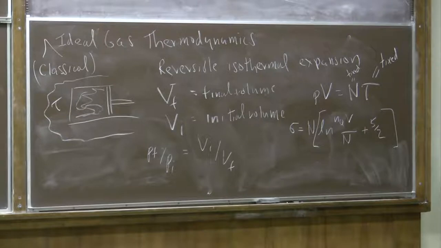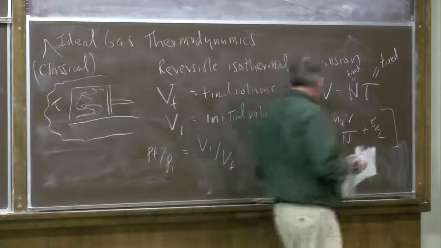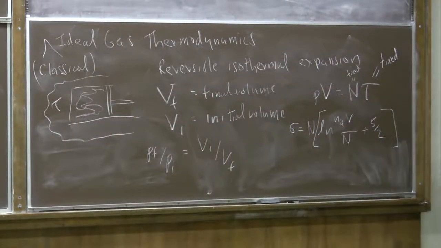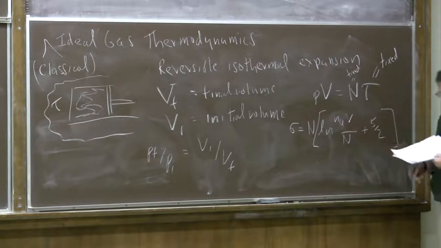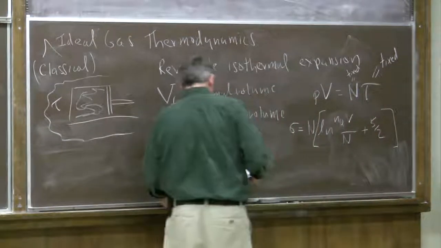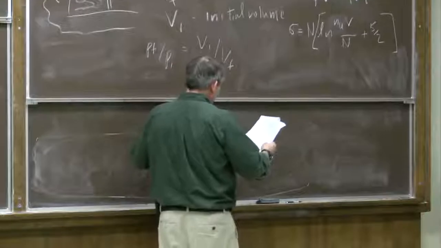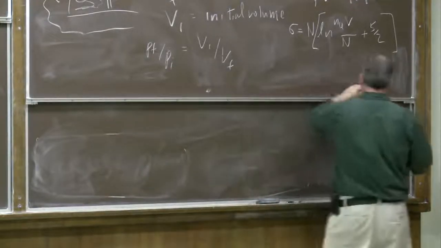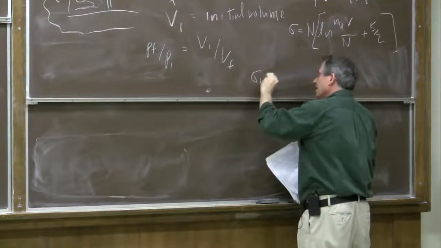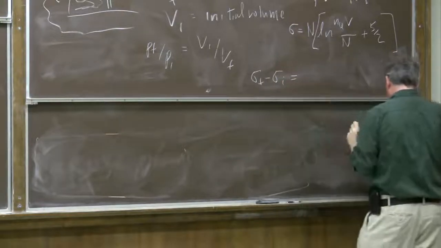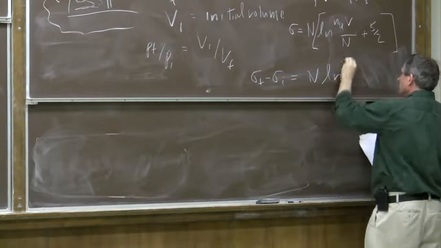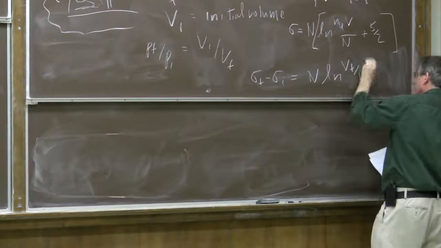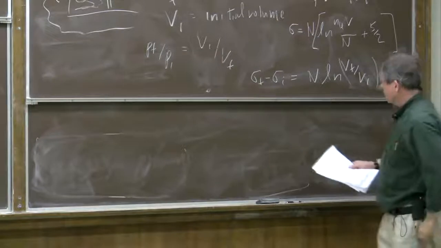And since the temperature is fixed, the quantum concentration is fixed, the number of particles is fixed, the only thing that's changing is the volume, so that tells us how the entropy changes. Since the entropy goes like the log of the volume, the difference between the final and the initial entropy is given by n times the log of the ratio of final volume divided by initial volume.